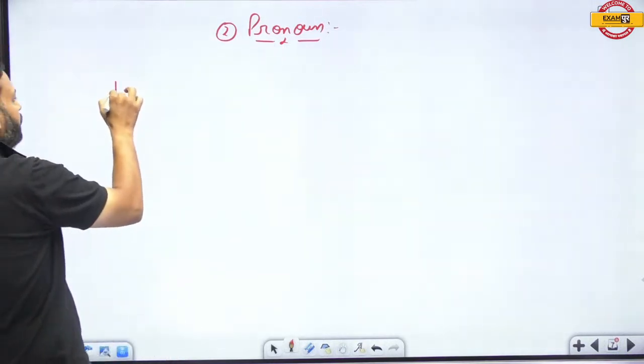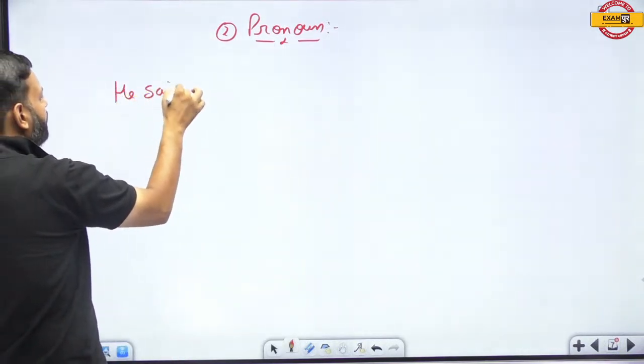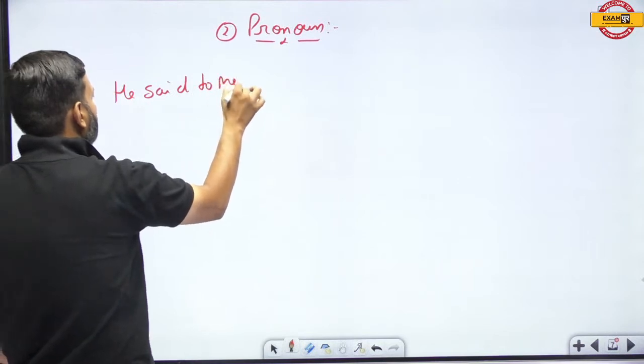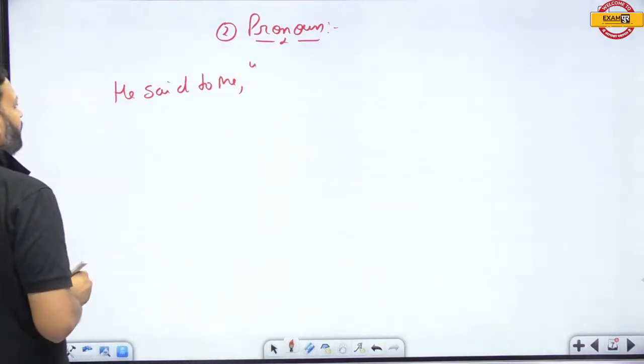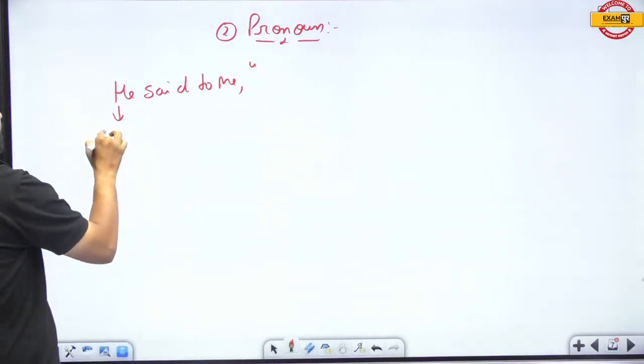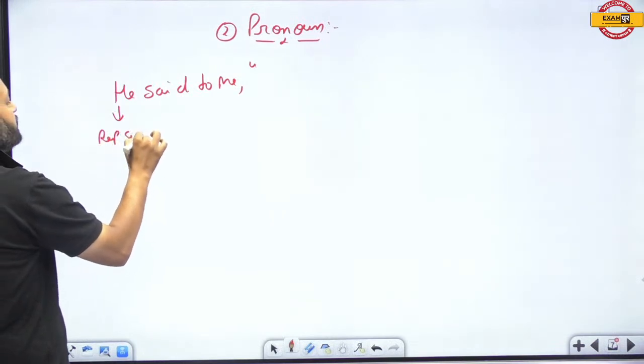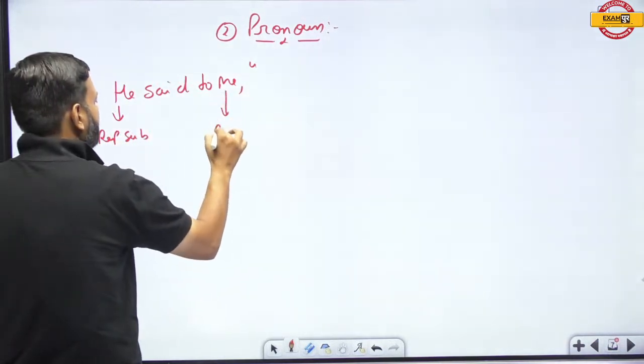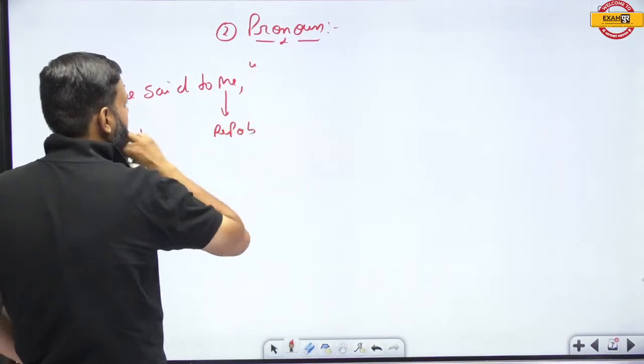So check this sentence. He said to me, comma, inverted comma. Okay, this is the reporting subject and this is the reporting object.